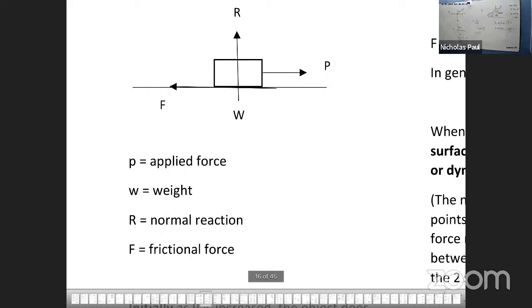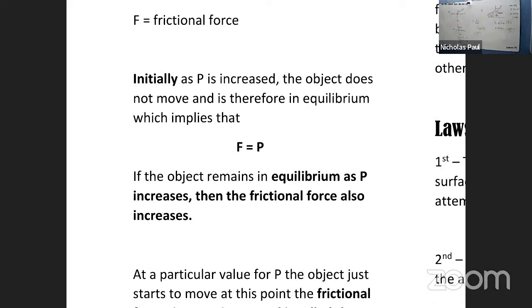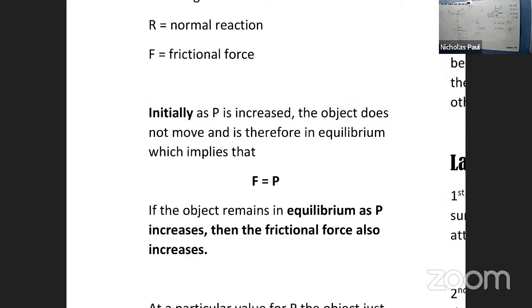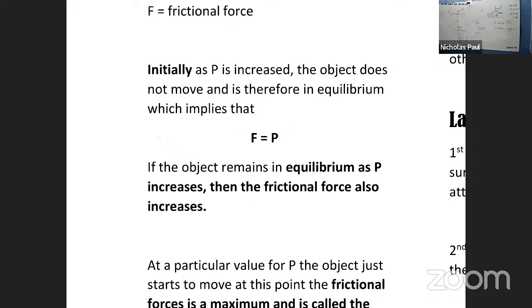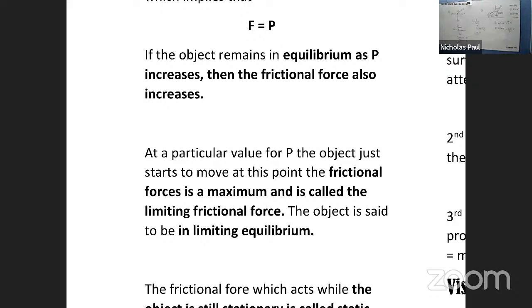So initially it's in equilibrium. But if the object remains in equilibrium as P increases, then the frictional force also increases. At a particular value of P, the object just starts to move.